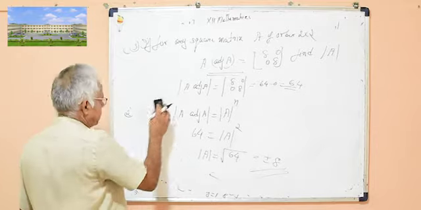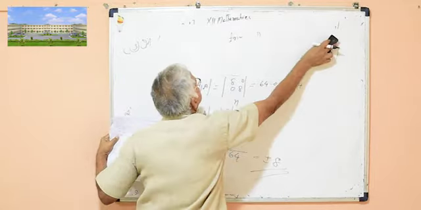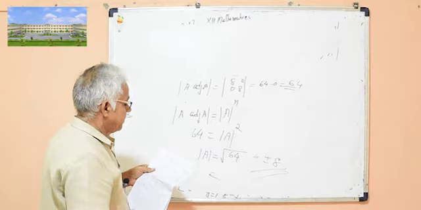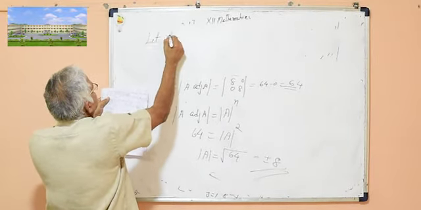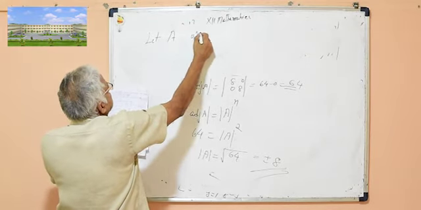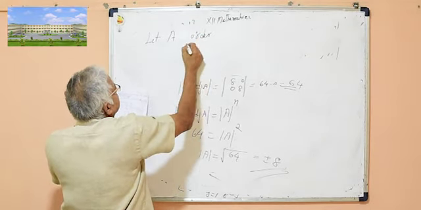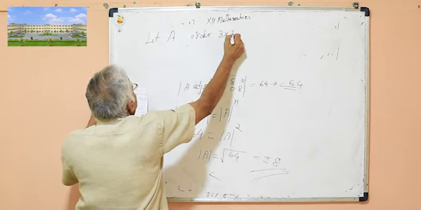Another question, question number 4. Let A be a square matrix of order 3 by 3.